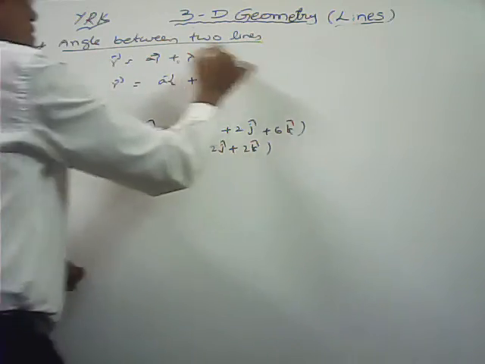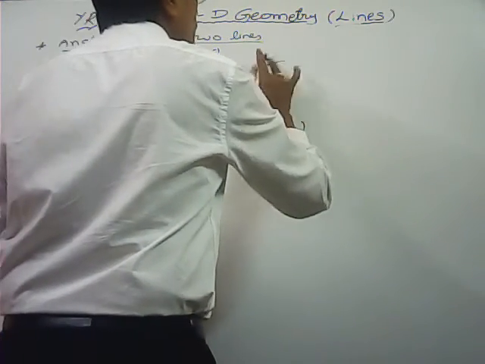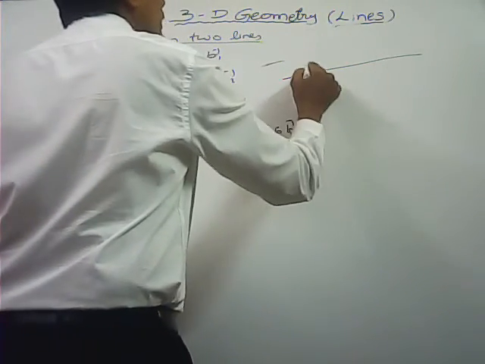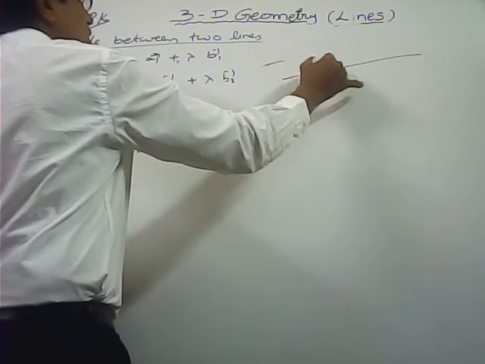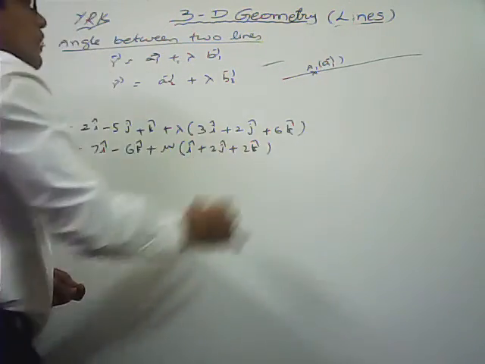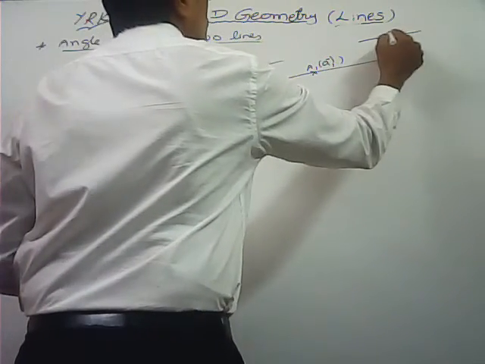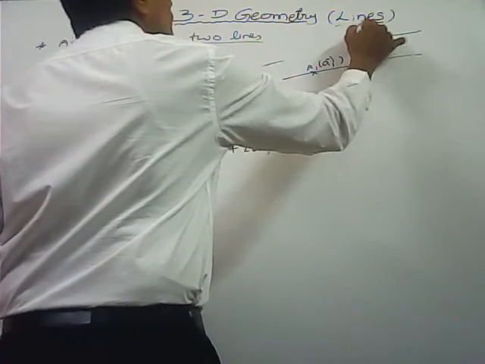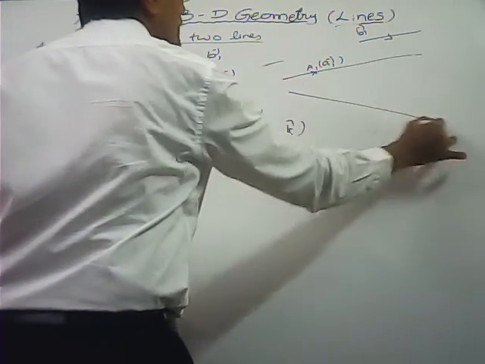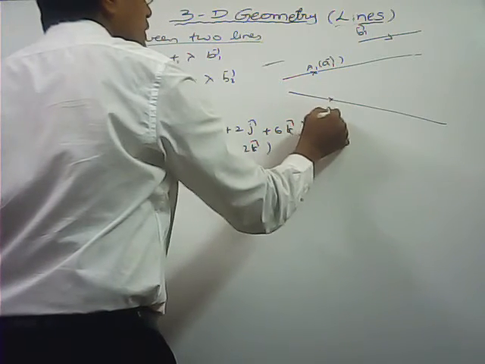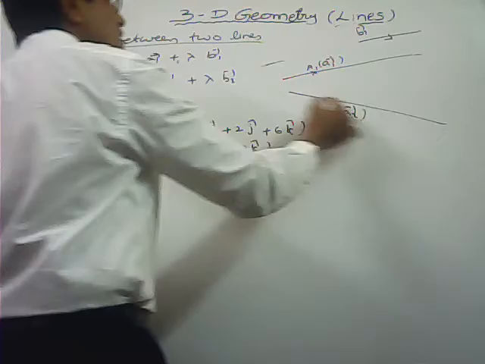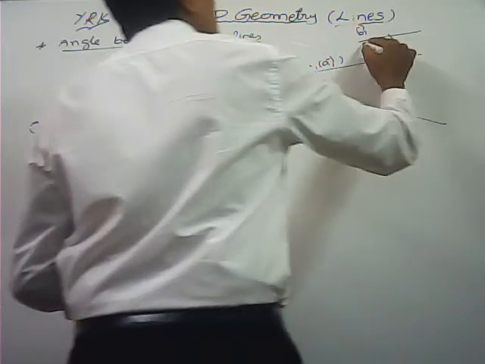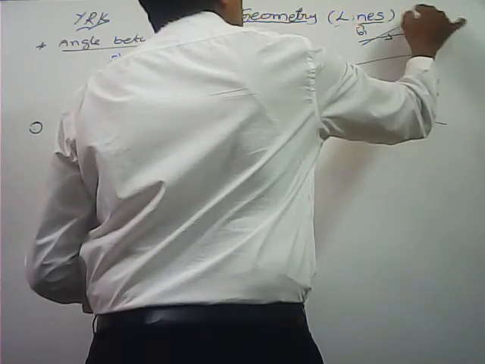See here, this line passes through the point A1 whose position vector with respect to origin is a1 bar, and is parallel to b1 bar. And one more line is given. This is passing through the point A2 whose position vector with respect to origin is a2 bar, and is parallel to b2 bar.